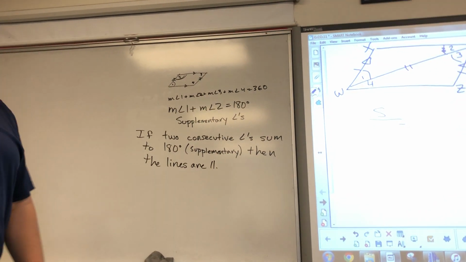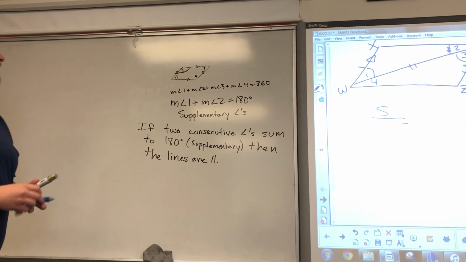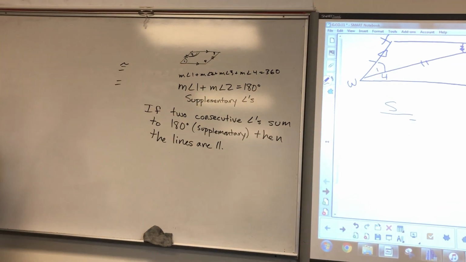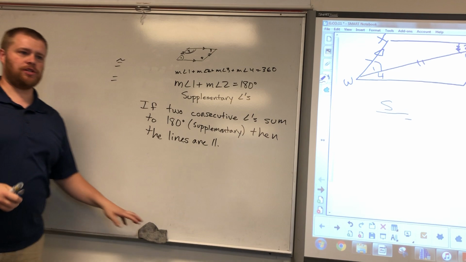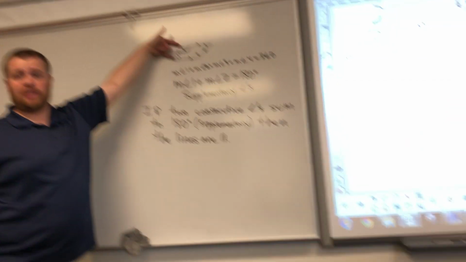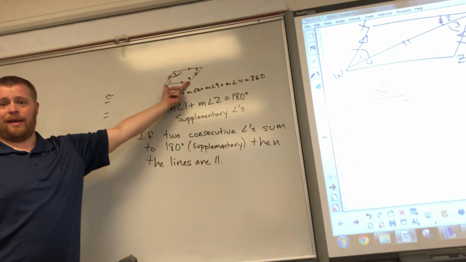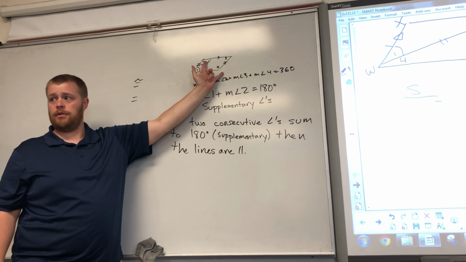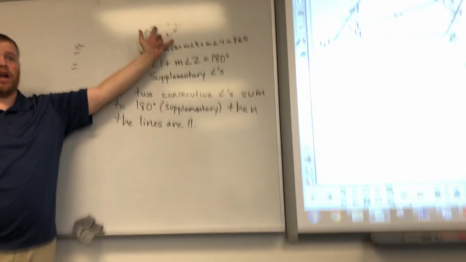Why isn't it a transitive? Because transitive means that I'm saying that two things are congruent or two things are equal to each other, right? And I don't have that situation, which is why I can't call it a transitive. Because I'm saying 1 and 2 are supplementary, right? 1 and 4 are supplementary. What does that tell me about 2 and 4? That they're congruent. They aren't going to be supplementary.